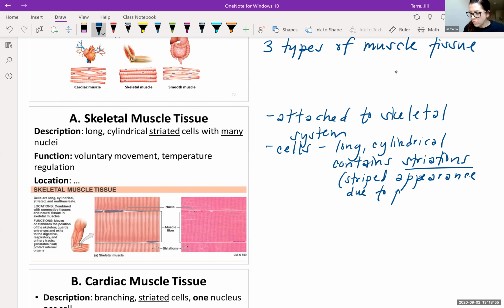So due to protein organization in the cell. Okay, and then we're going to see that the cells are multinucleated, so they contain multiple nuclei.